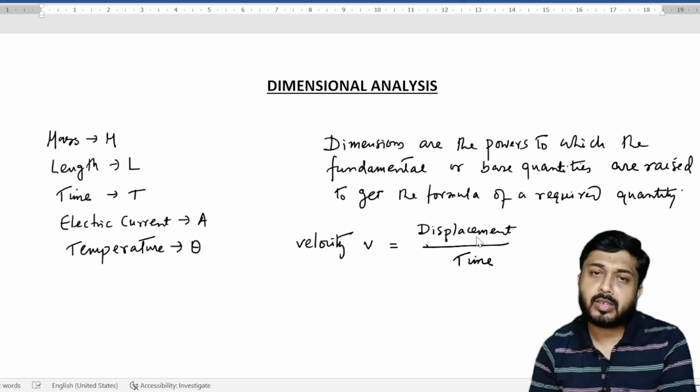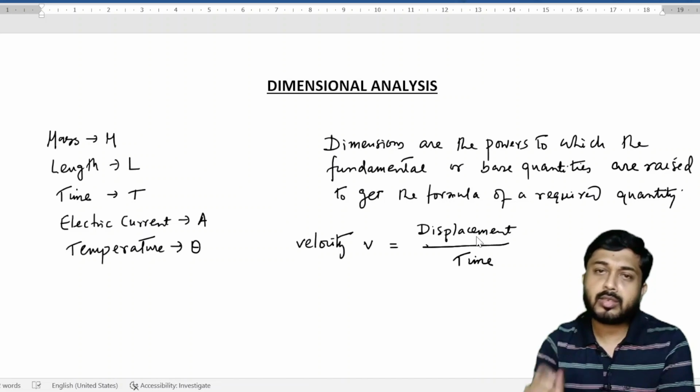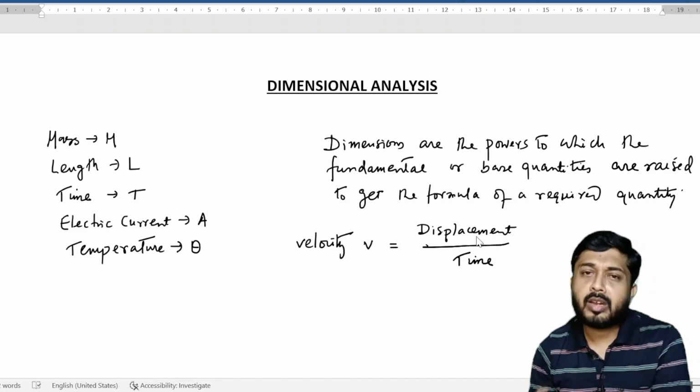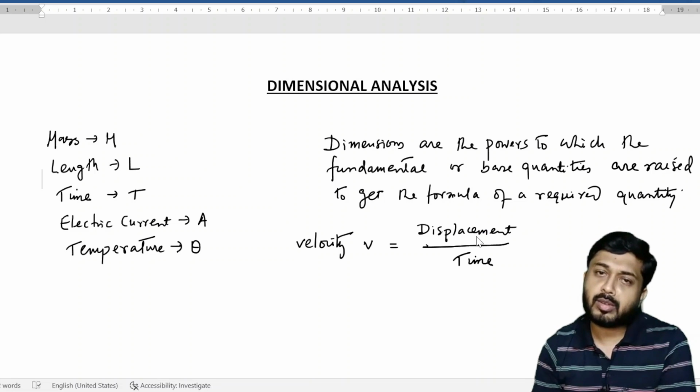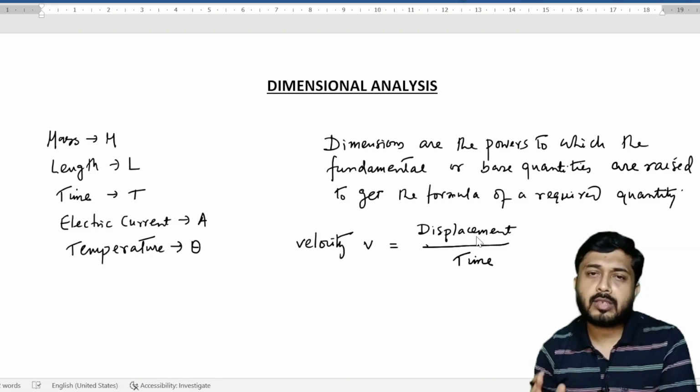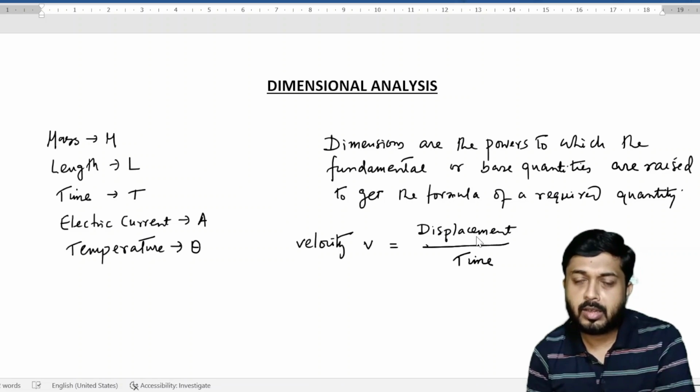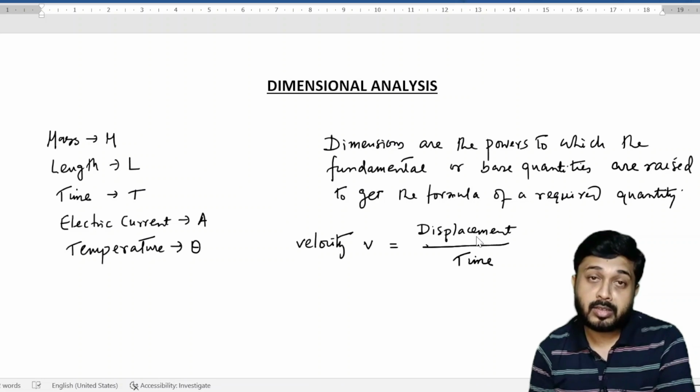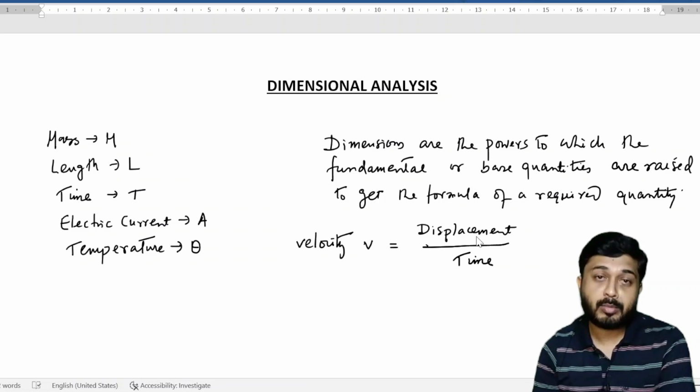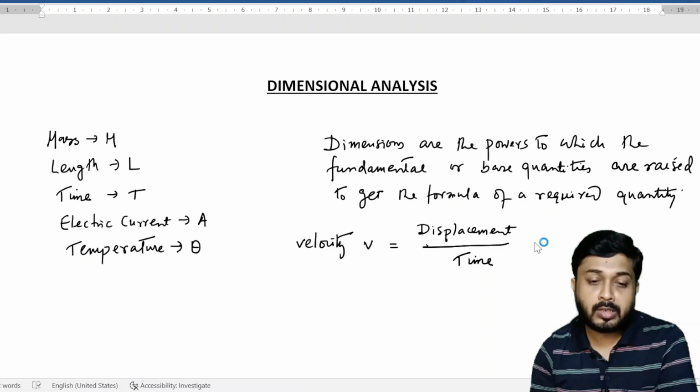It is nothing but a length along a straight line path. It is actually the linear distance between the initial and the final point in a specified direction. So displacement is nothing but a length.